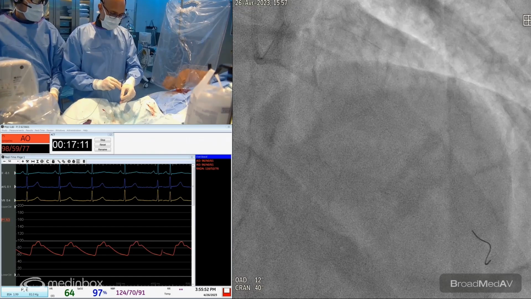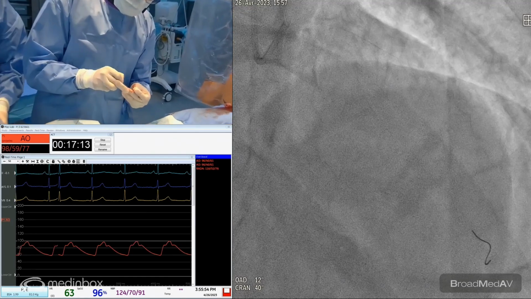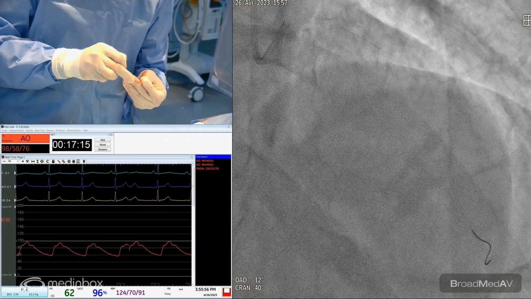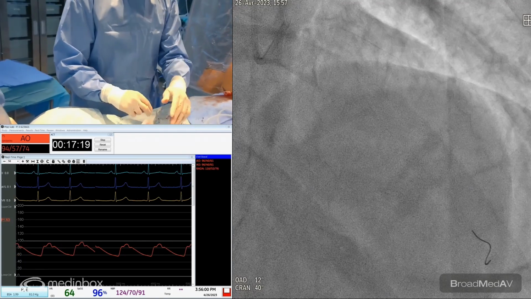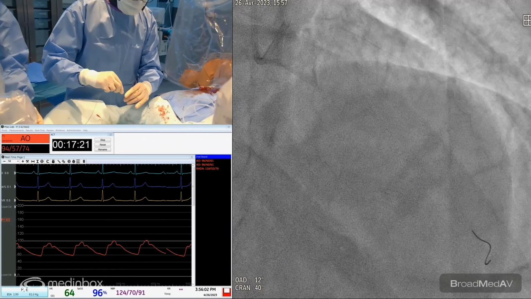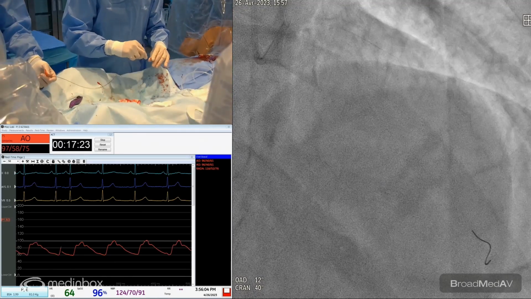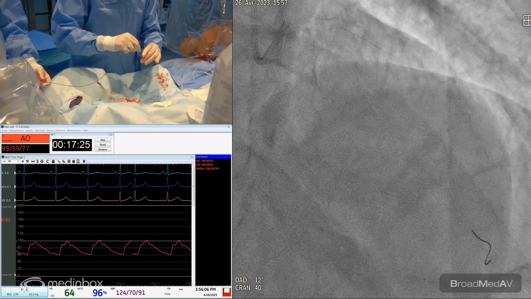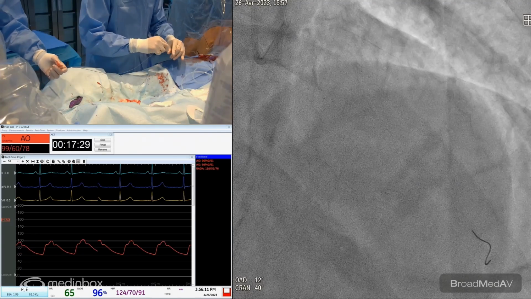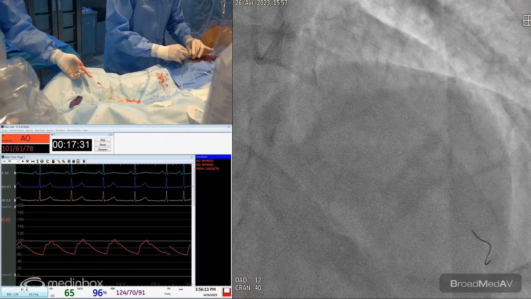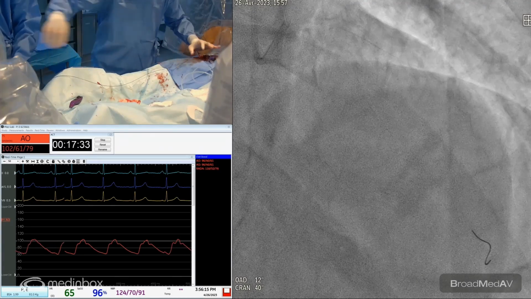And if you look carefully, it's eccentrically mounted. There are people that perform rotational atherectomy with a wire in the side branch protected with a microcatheter, but since here we don't have subtotal disease of the circumflex, I prefer not to do that, not to lose material.